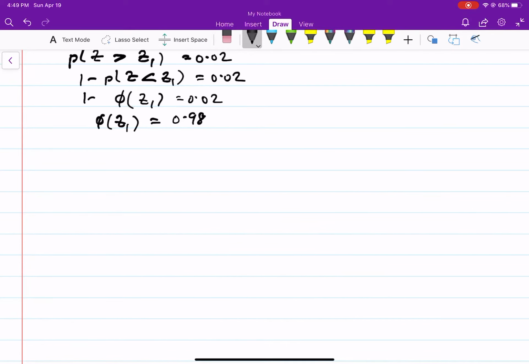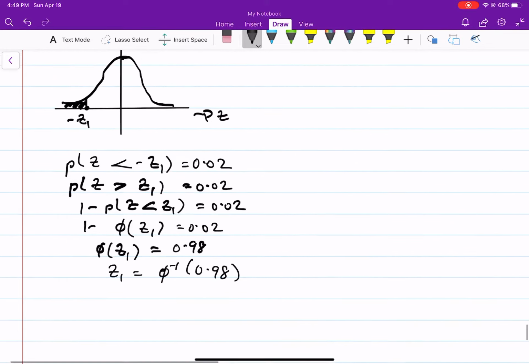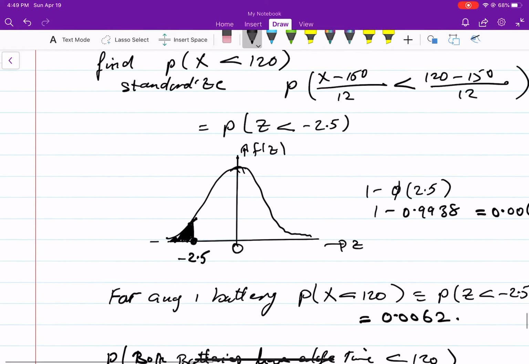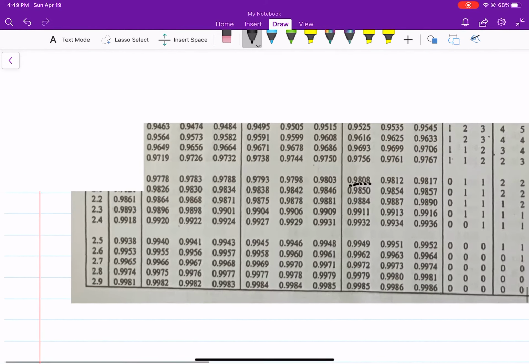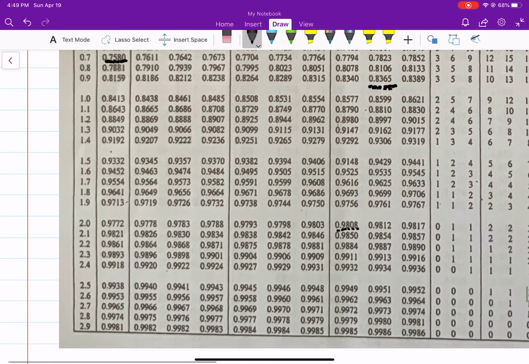And therefore, if I make Z1 the subject, Z1 is phi inverse of 0.98. Remember how we did that up front? Let's see if we can find that value in the body of the table. I'm looking for a probability of 0.98 in the middle.